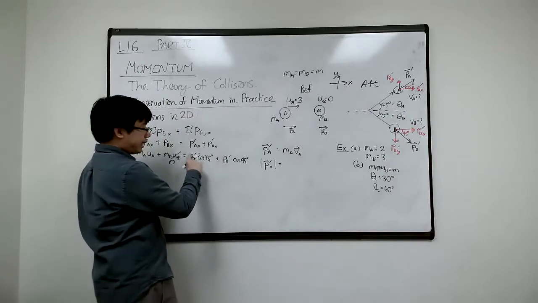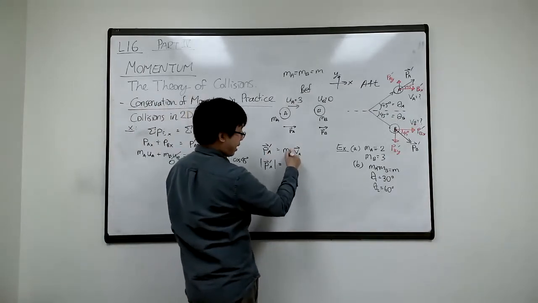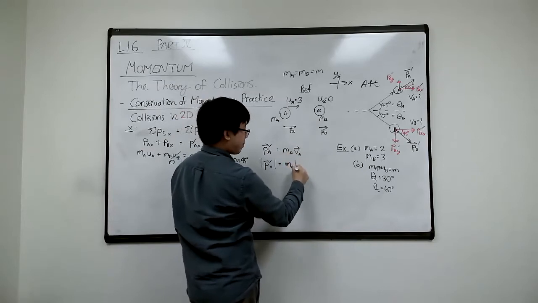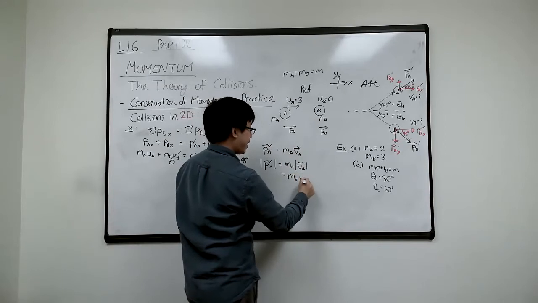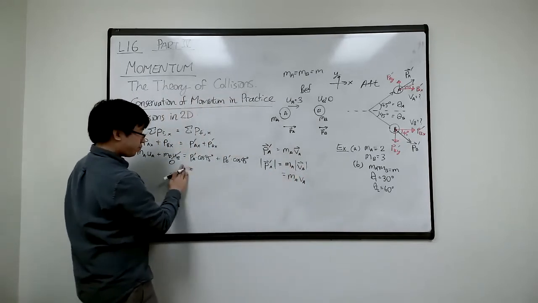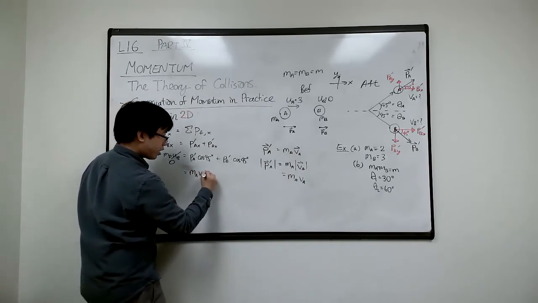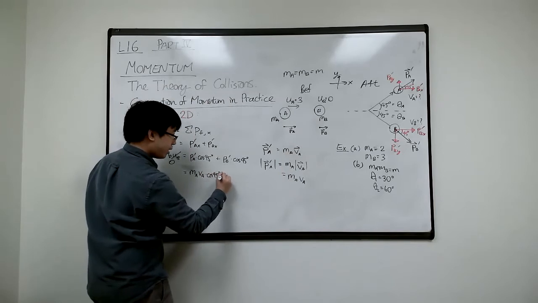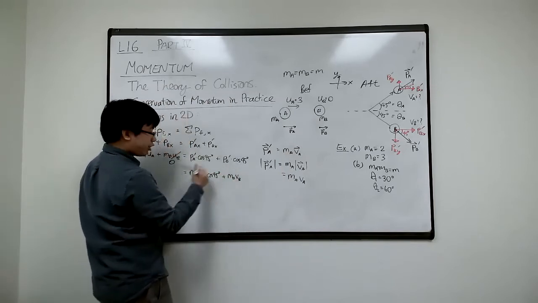So what's the magnitude of PA prime? Well, m is going to be a positive number, so it's just MA VA, with the lazy notation. So here we have MA VA cosine 45 degrees plus MB VB cosine 45 degrees.